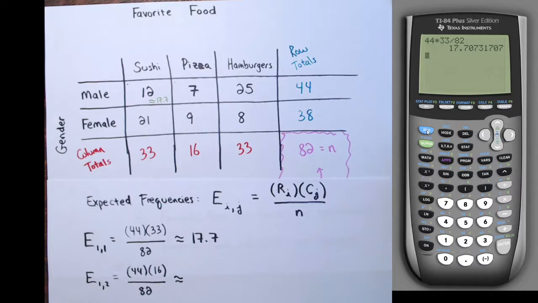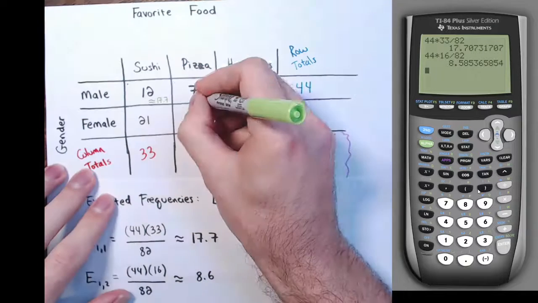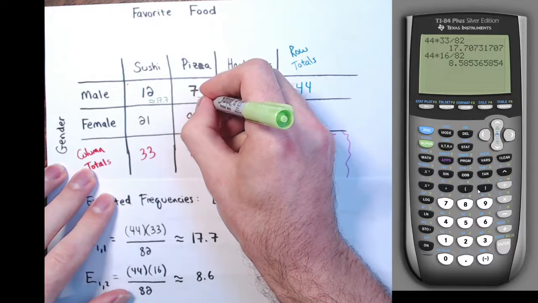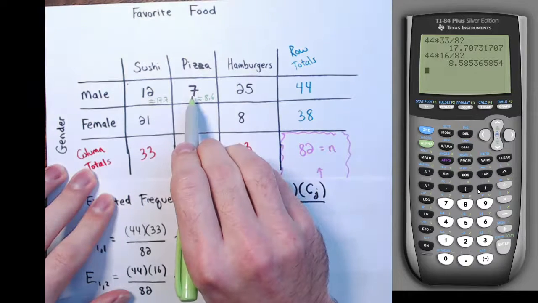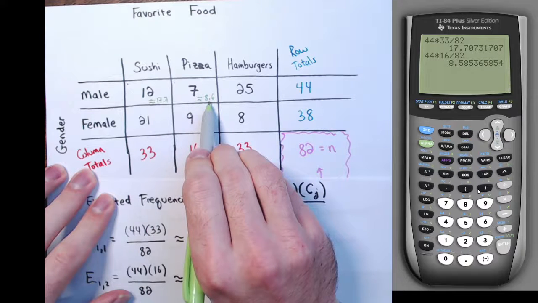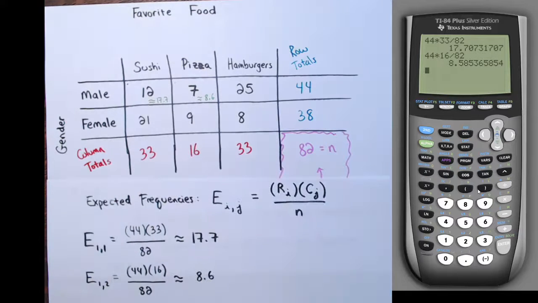Now the nice thing is I can just go second entry and change the 33 there to a 16. And it's approximately 8.6. So again, with this color, approximately 8.6. Again, the observed value is 7. The expected value is 8.6.